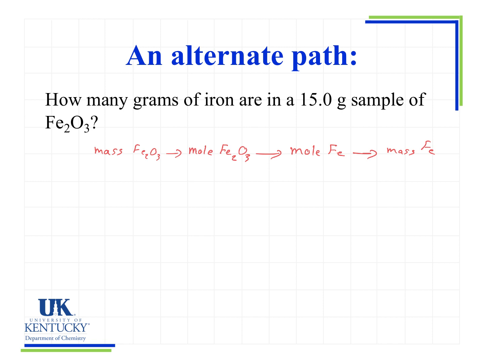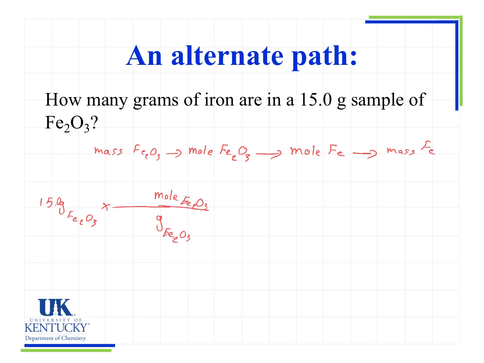So let's do that. So we have 15.0 gram of Fe2O3. So I want to get rid of the gram of Fe2O3, so gram of Fe2O3 on the bottom, and I want the mole of Fe2O3.